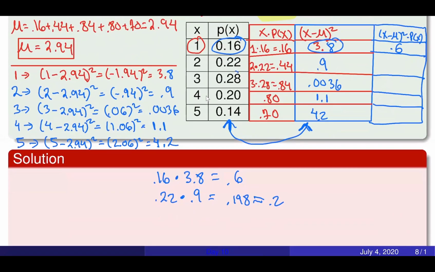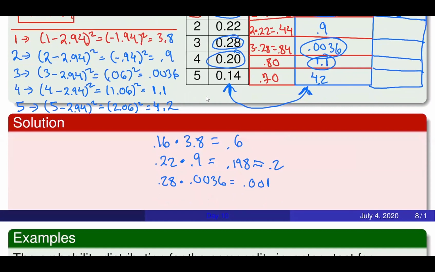So now we're going to do this number and this number. We'll say 0.28 times 0.0036, and you get 0.001. Then I'm going to get 0.2 multiplied by 1.1, and you get 0.2.